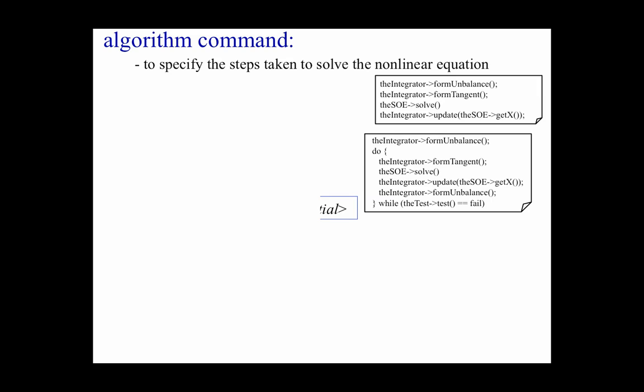So the integrator forms the imbalance, and the integrator forms the tangent. That's all up here, and then the rest of the do loop stays the same. Okay? So that's the only difference between regular Newton and modified Newton. We just form the tangent outside the do loop. So the tangent is formed once. And if we're using an initial option, the tangent is formed with this initial flag, so that it tells the elements to give back their initial tangent.